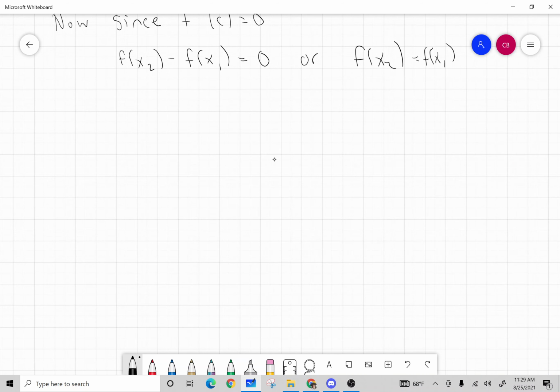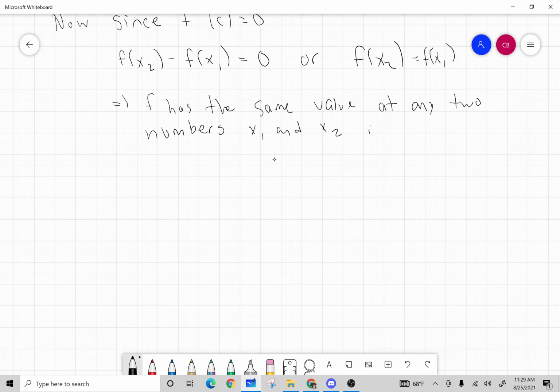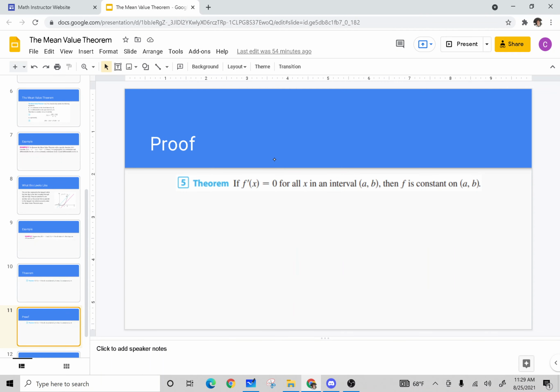And so, therefore, f has the same value at any two numbers x1 and x2 in (a, b). And so f is constant on (a, b). Okay, and so that would be how we'd prove that.